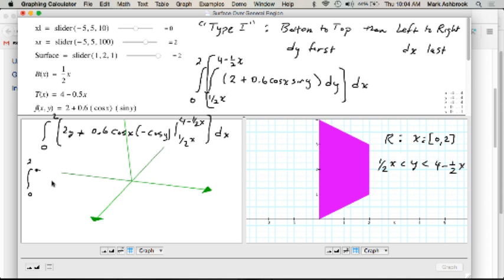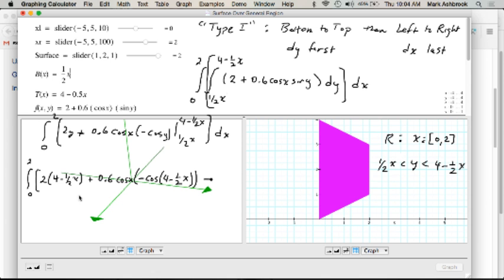So we're going to do 2 times 4 minus a half x plus 0.6 cosine x times negative cosine of 4 minus a half x. Is that good?